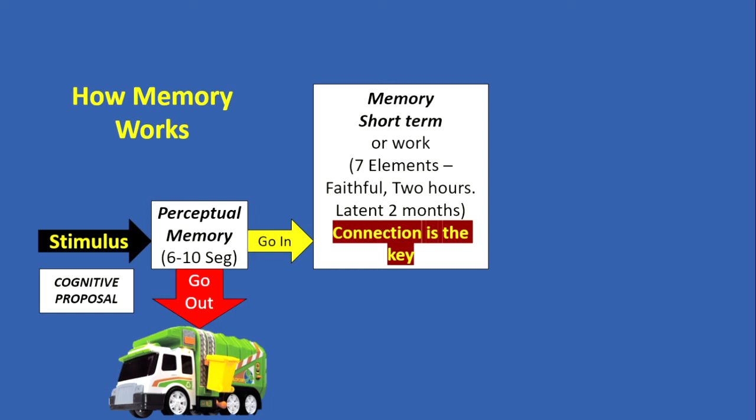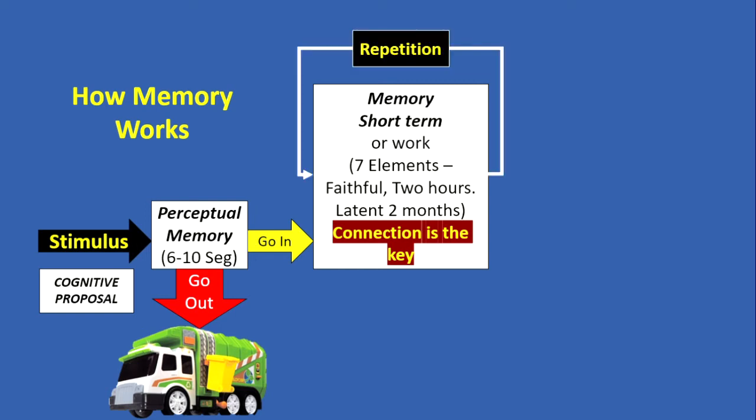Connection in this step is the key. Connect with other knowledge, connect with other concepts, connect with the need of the person who is going to store this information. One system to fit information in the short-term memory is repetition. Repetition is not saying the same thing, it's giving the same information in different manners, maybe visual, maybe audio, maybe written.